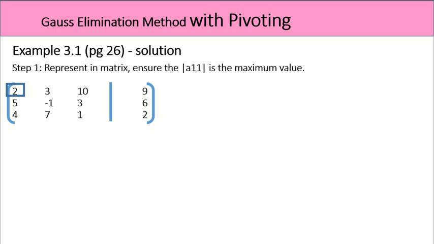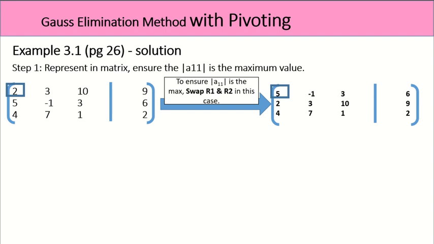Okay, wait a minute. Next, we need to swap R1 and R2. So it will be a good idea for you to label your matrix, R1 and R2 at the beginning, and R3.